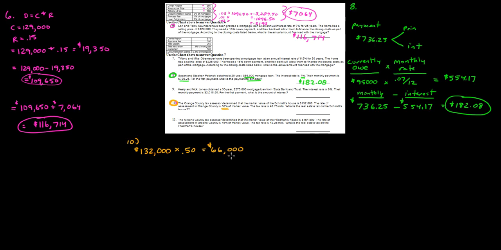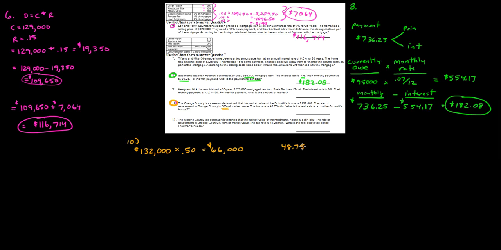So I pay taxes on $66,000, but I don't pay $66,000. I pay the tax rate on $66,000. So I find that I pay 48.75 mills.